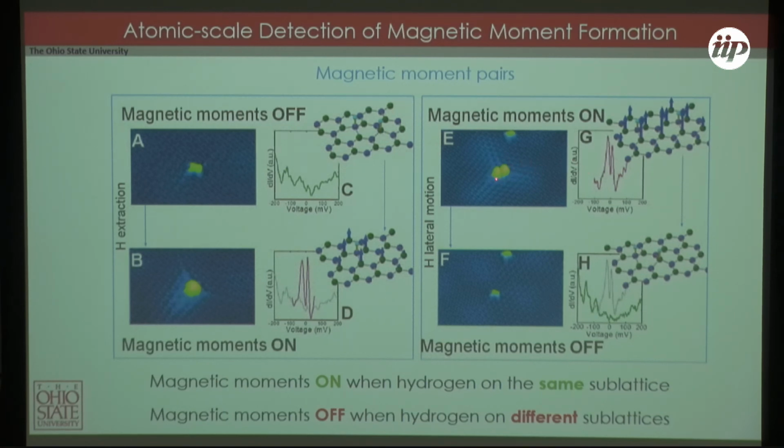And so if you put two hydrogens and you drag them close to each other so that they're on the same sublattice, then your magnetic moments are on. But if you drag them somewhere where they are not on the same sublattice, then they're turned off. Okay, so this is the idea. So the magnetic moments are on when hydrogens are on the same sublattice. The magnetic moments are off when they're on different sublattices.